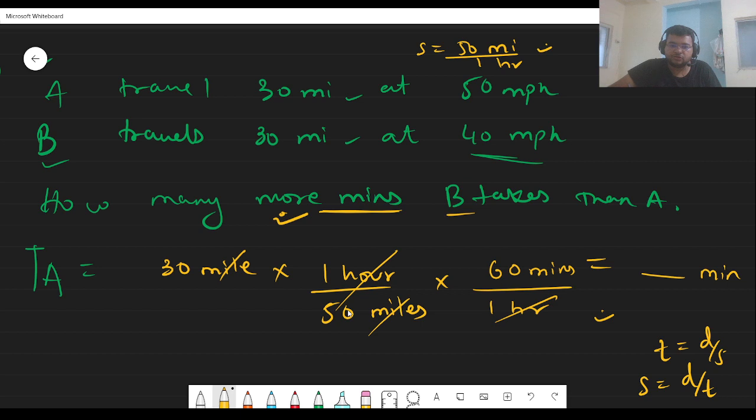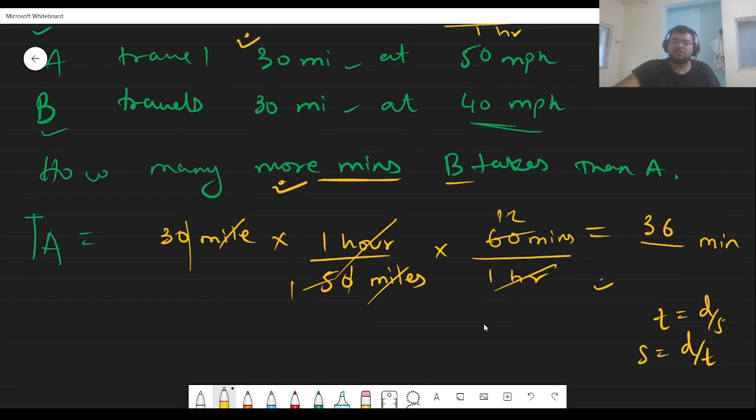If I go on solving, this zero and this zero get cancelled. A will require 36 minutes to travel 30 miles.